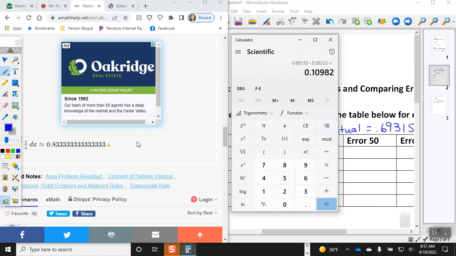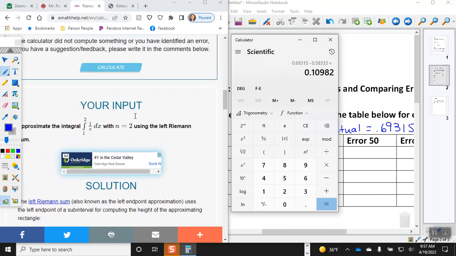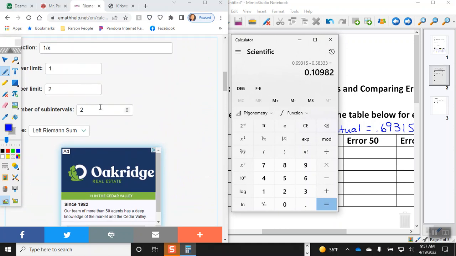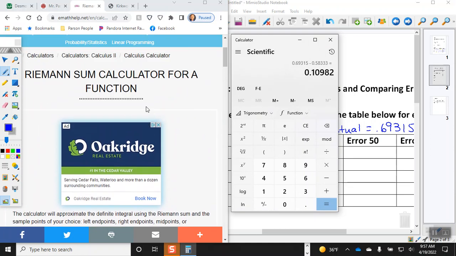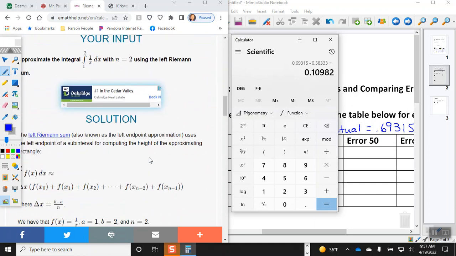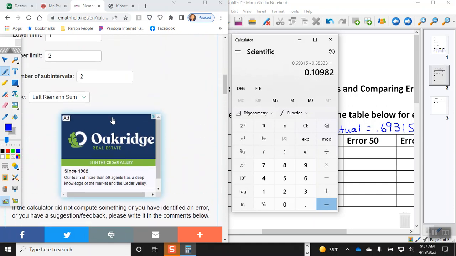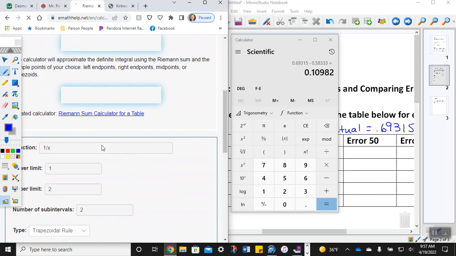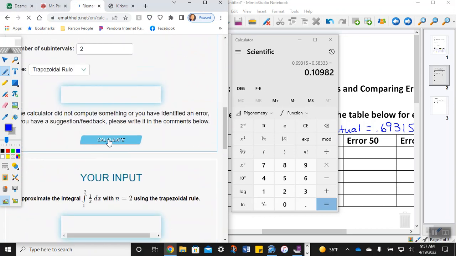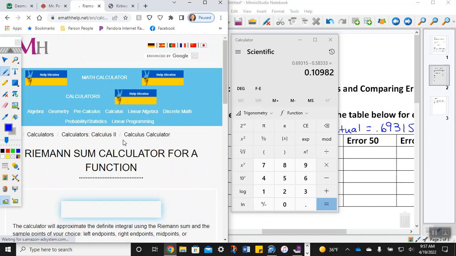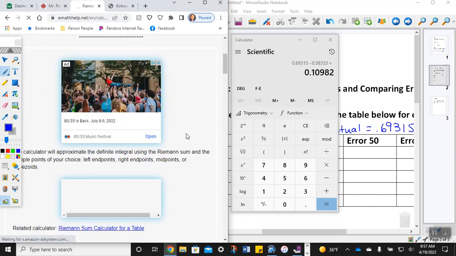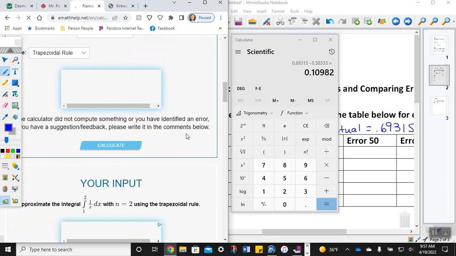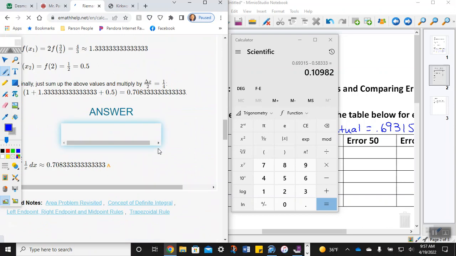Yep. Okay, let me go up here for trapezoid rule. Point 70833.